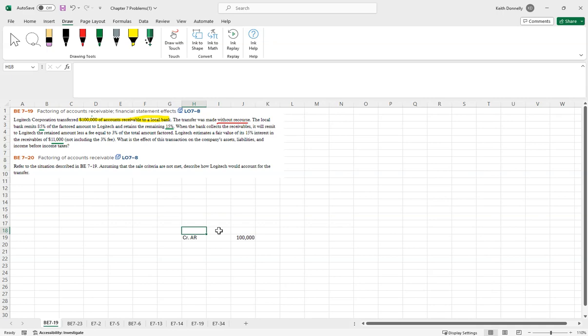The next thing we're going to do is debit cash. There was a $100,000 receivable, and they said they're going to give 85% of that up front.